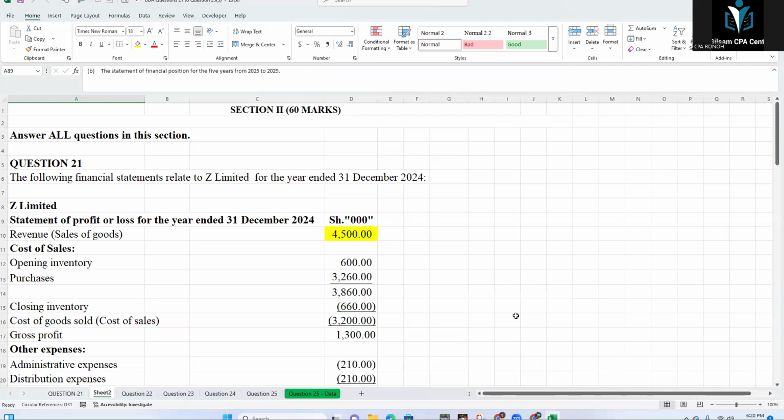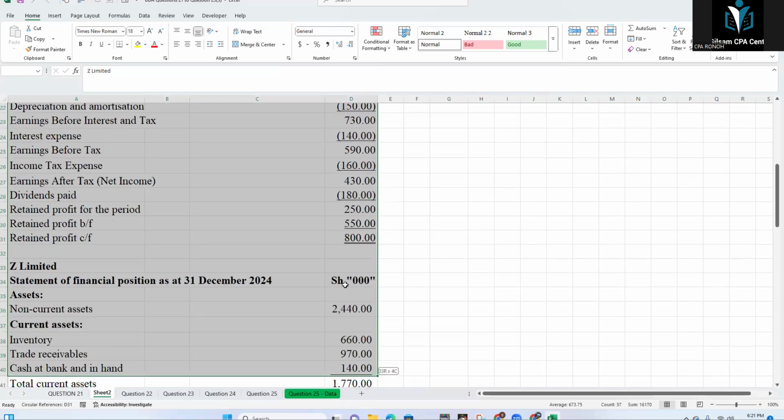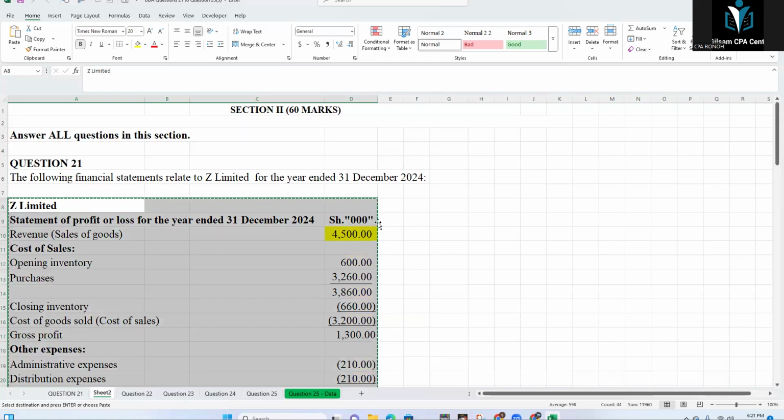Good. Yes. So the first thing we do, you put the cursor in A8, select that up to this retained earnings. Copy, Control C, or we can even do the forecast here.